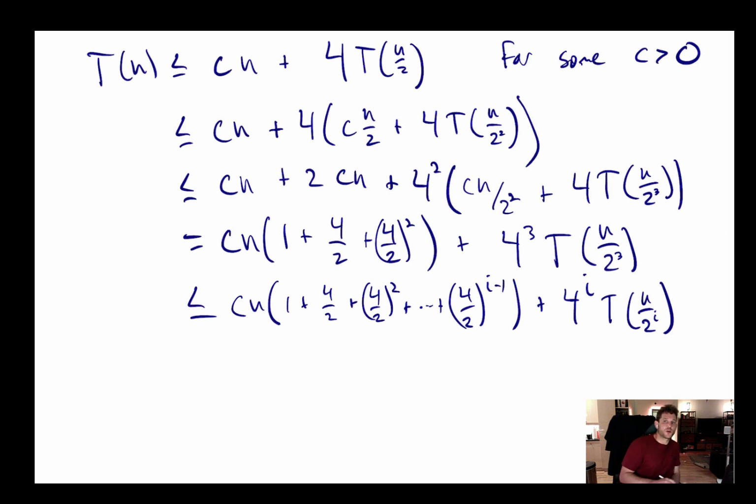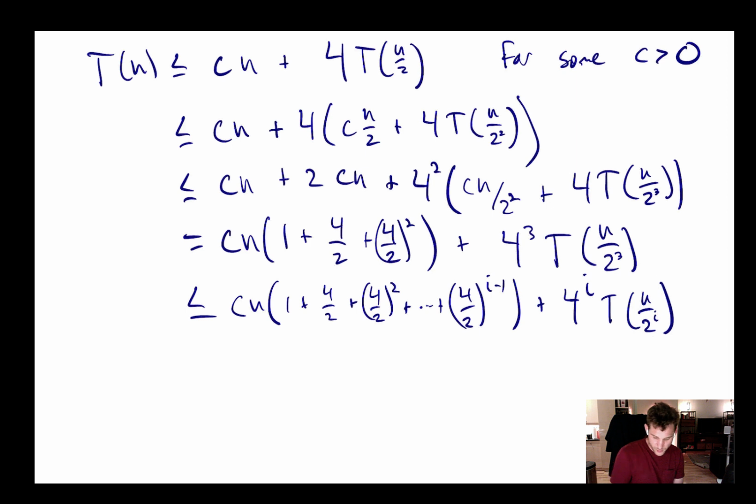Okay, so now we have this recurrence, which we can expand out up to i steps. We can go i steps deep into this recurrence. The question is, when can we stop? To get to the bottom of the recurrence, we need this term n over 2 to the i to get down to a constant, let's say 1.